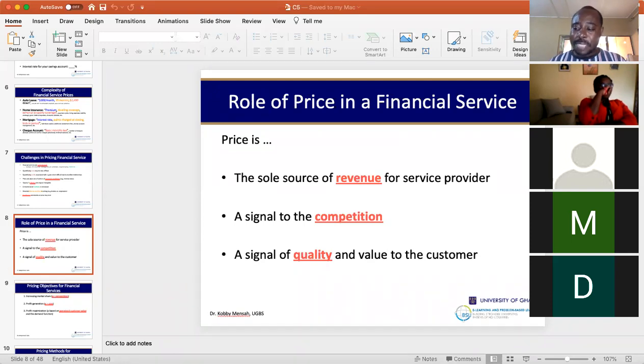So over time, we have come to associate price with quality. And so there are certain products, like luxury goods, luxury brands, that you do not expect the price to go below a certain mark. Immediately it does that, what you're doing is that you're weakening the brand, all right?